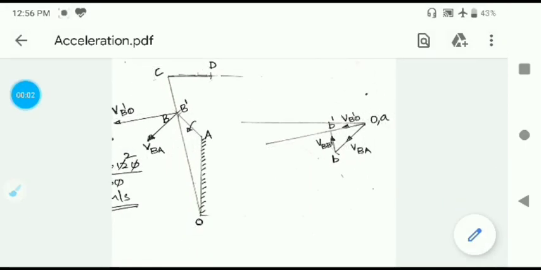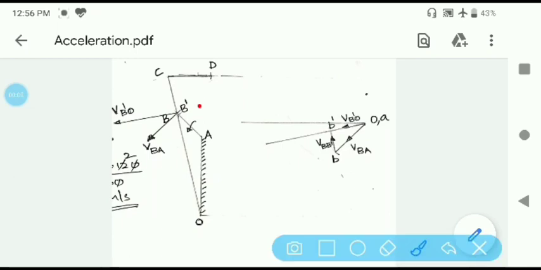Now we will locate point C in the velocity diagram. As we know, C lies on OB extended in the mechanism. Similarly, in the velocity diagram also, point C will lie on OB extended. The location will be decided by the law of proportion, that is, C will be located in the same proportion on the line OB prime in the velocity diagram as in the mechanism.